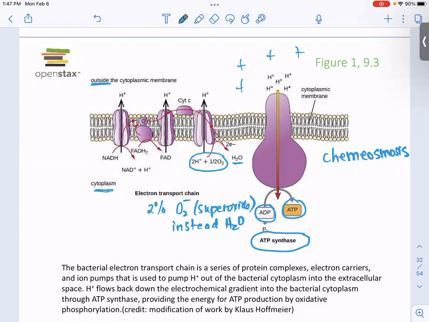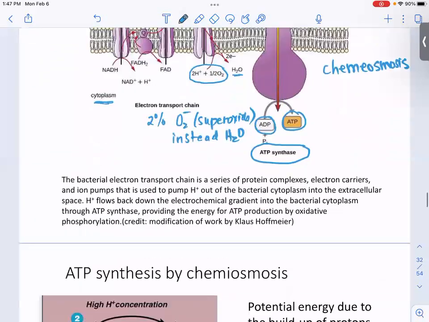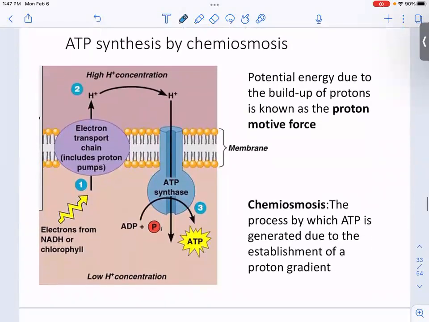Okay, so I used a couple of terms. I said that there's a proton gradient, and I used this term chemiosmosis. This slide teases those terms apart a little bit. And the other term, I don't know if I mentioned it, is proton motive force. Because there's a proton gradient, that's actually potential energy outside of the cell.